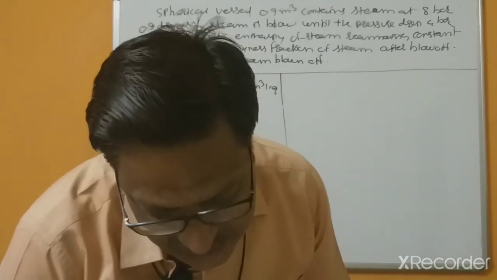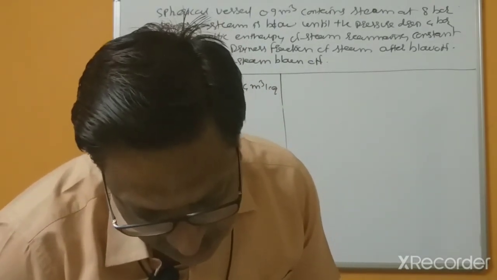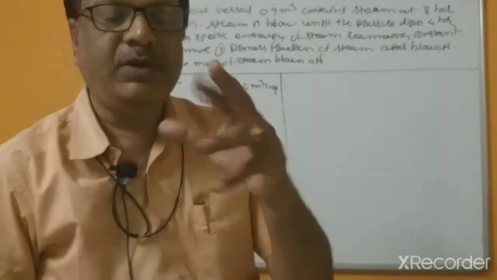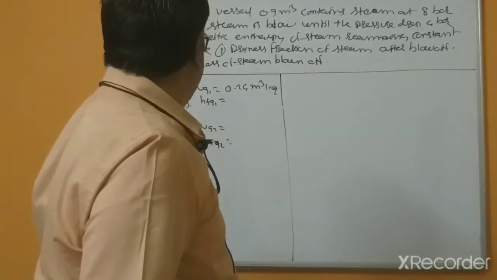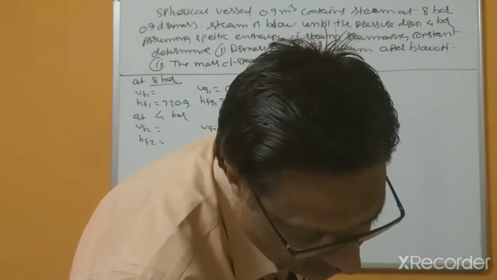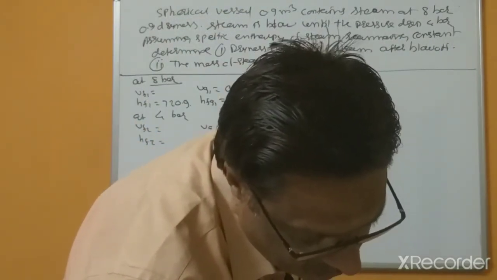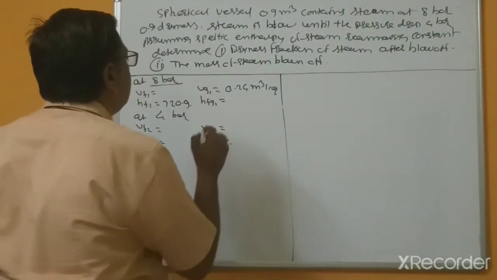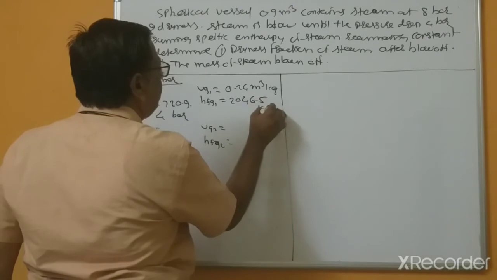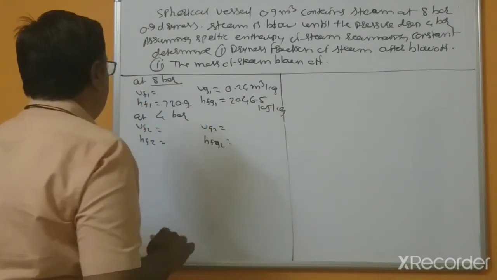VF1 is not given in the steam tables, it may be neglected. And hfg1 equal to 2046.5 kilojoule per kg.